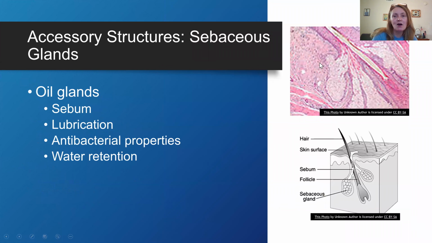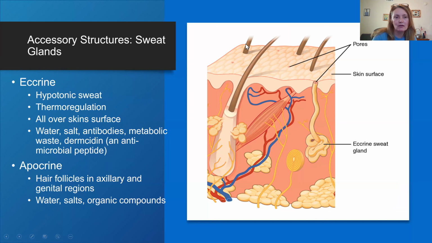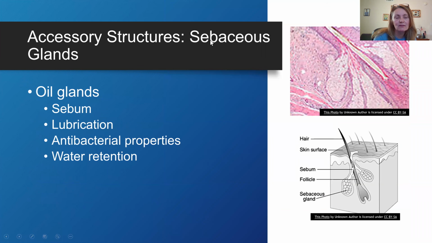Another type of gland is oil glands. And oil glands are called sebaceous glands. And by the way, the sweat glands are called sudoriferous glands, and those are sebaceous glands. And they produce sebum, an oily substance, for lubrication, antimicrobial properties, and water retention.